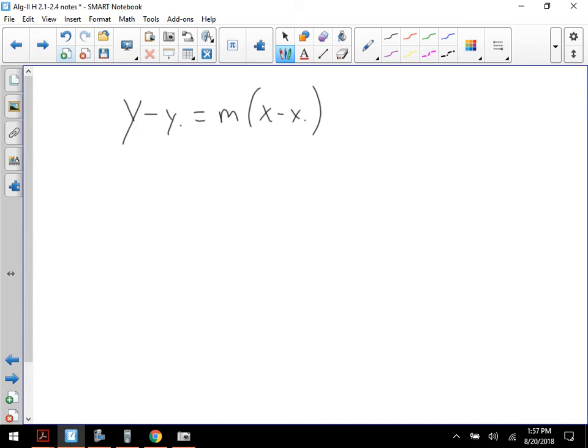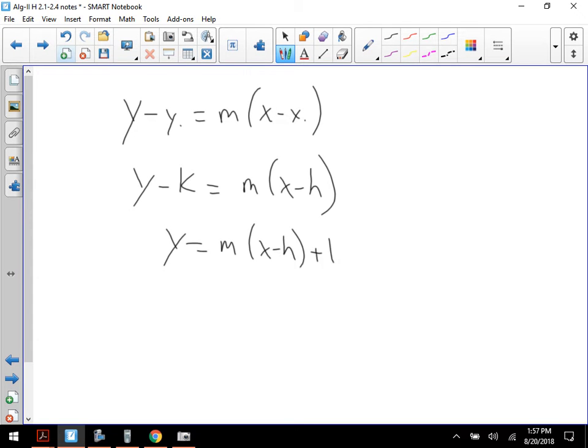Now, y values go up and down, right? I'm going to rewrite this as y minus k equals m times x minus h. And we change this to an a. This is going to be a standard form of a linear equation out of point slope.